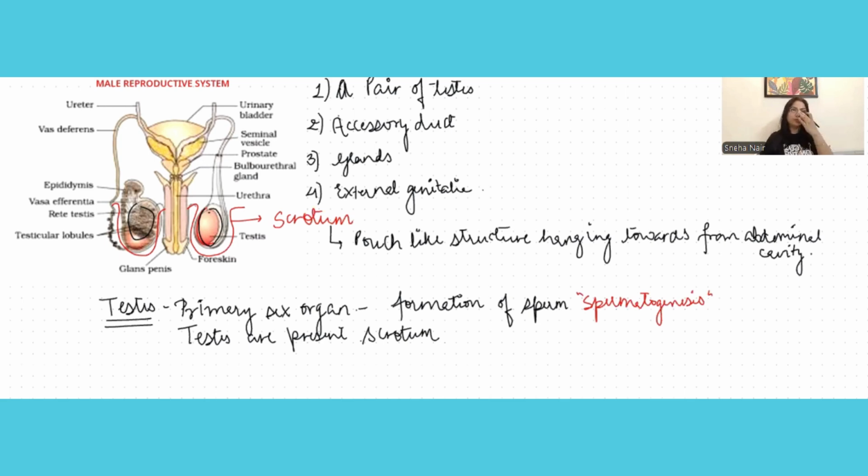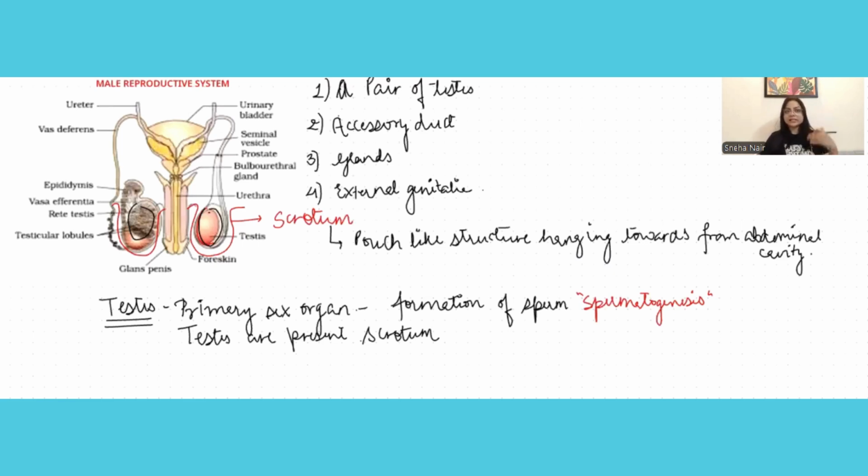But at the time of the seventh month of the fetal development, that is when the fetus is 7 months old inside the mother's womb, the testes descend down from the abdomen to the scrotum. And after that they are present in the scrotum only.